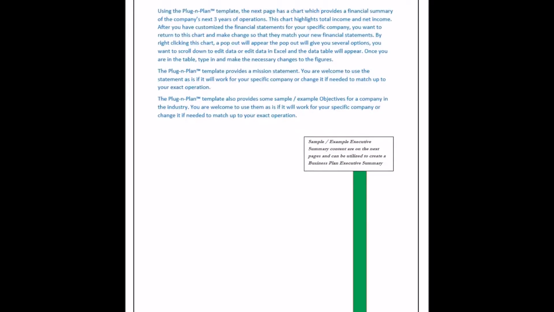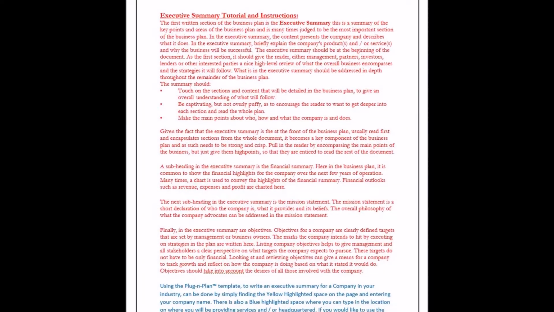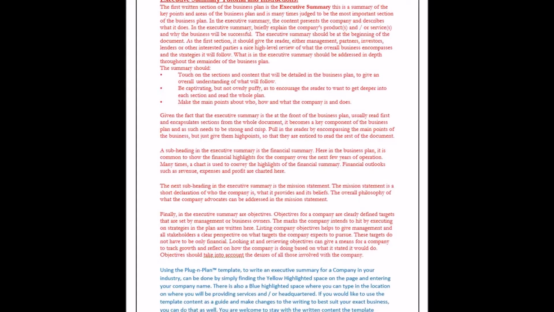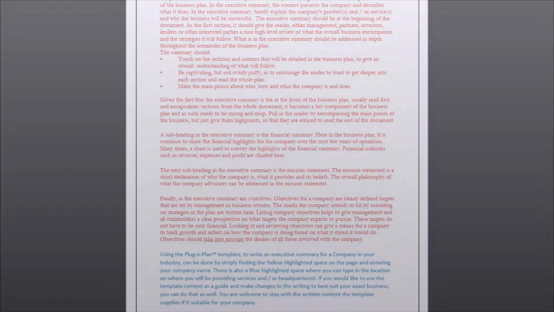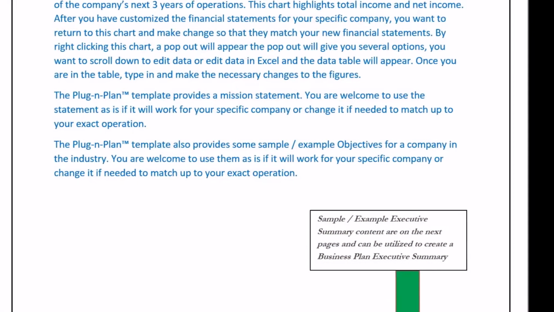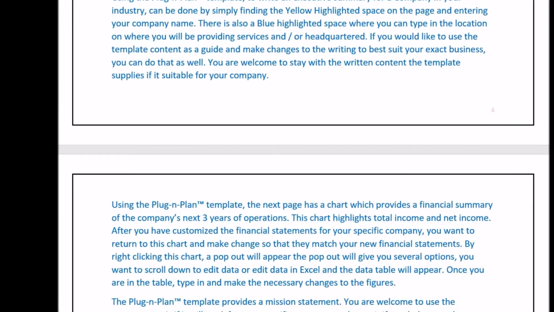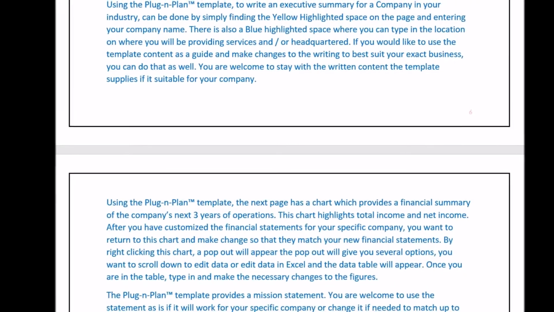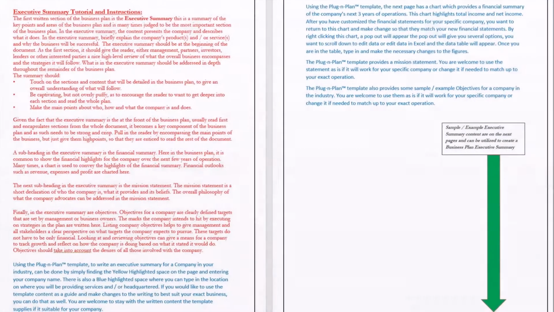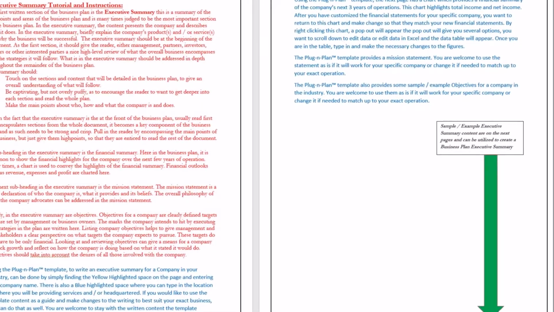The summary should touch on the sections and content that will be detailed in the business plan to give an overall understanding of what will follow. Be captivating, but not overly puffy, so as to encourage the reader to want to get deeper into each section and read the whole plan.